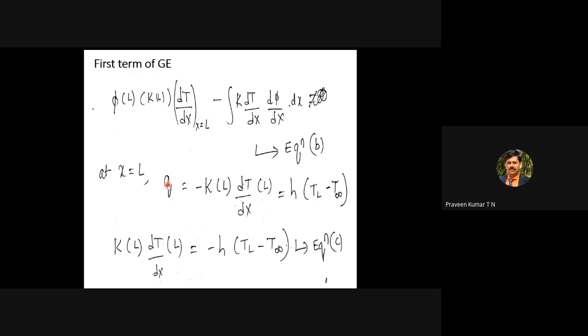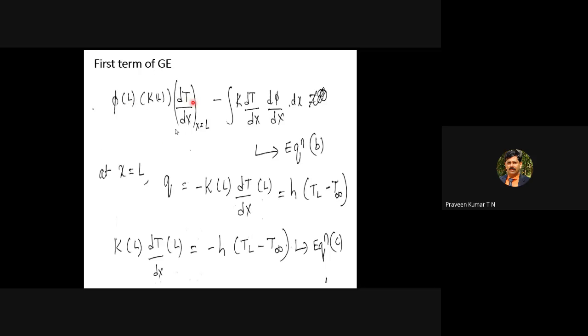The total amount of heat conducted, let it be 1000 watts. 1000 watts is the heat conduction rate. So this heat is transferred to the surrounding medium by convection. Then the total amount of heat convected to the surrounding medium is also 1000 watts. Same thing is shown here.